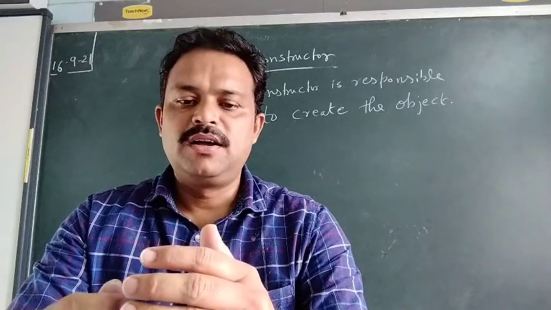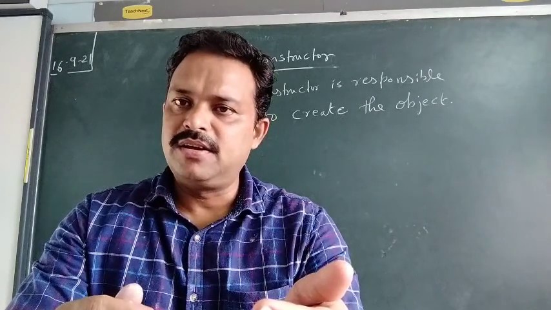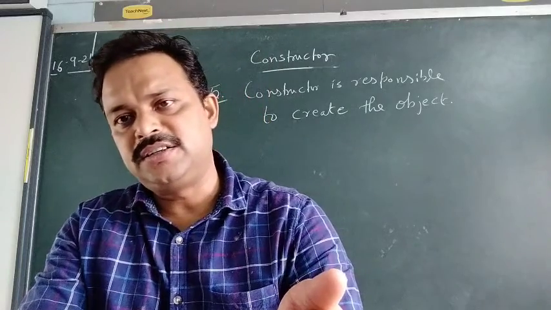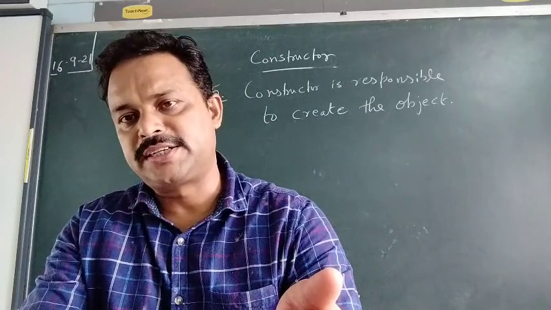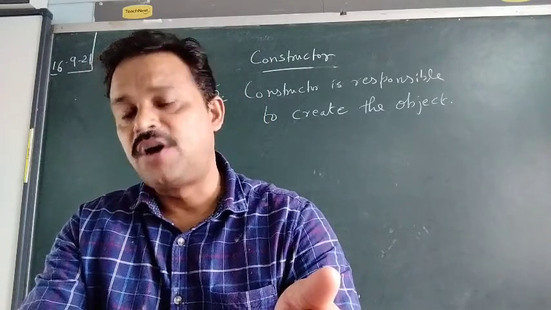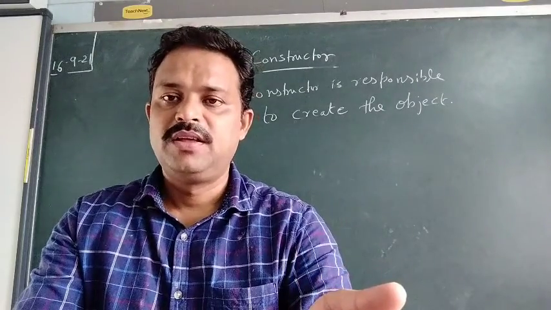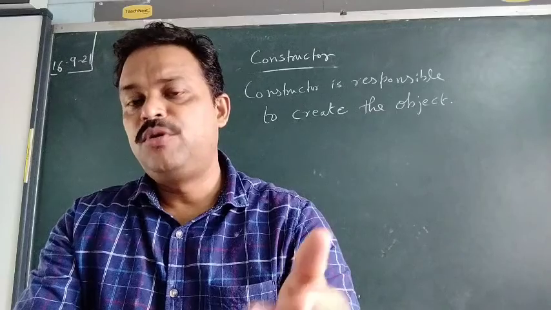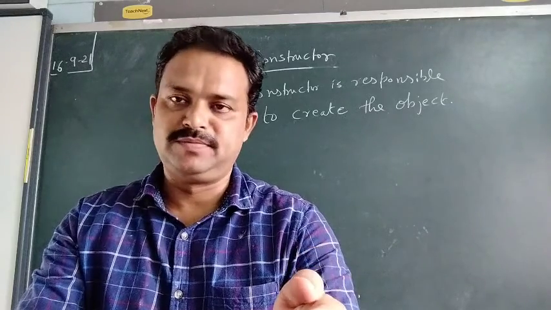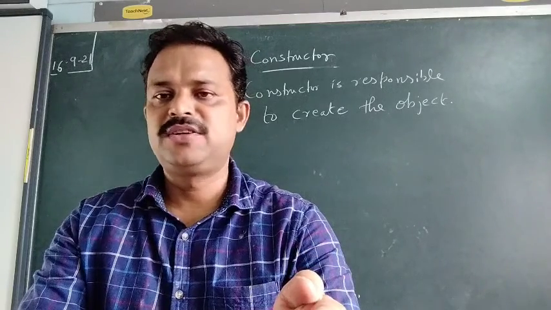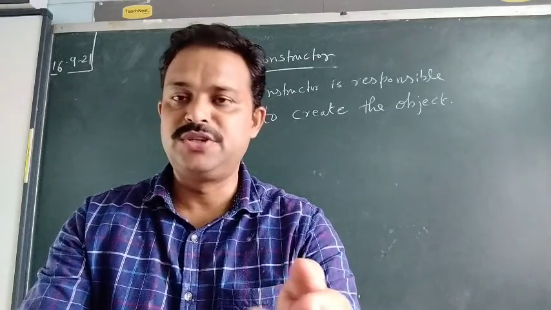Now sir, does the object get created first and then the constructor gets invoked, or does the constructor get invoked and then the object gets created? The answer is that both the things take place simultaneously. So we cannot say which one is executing first.